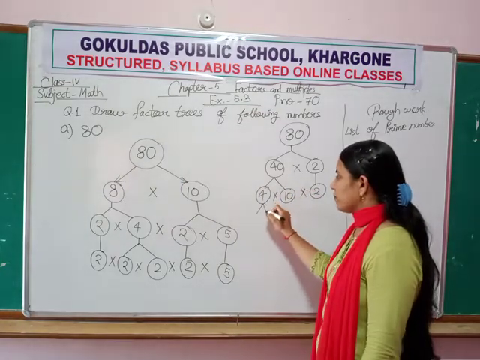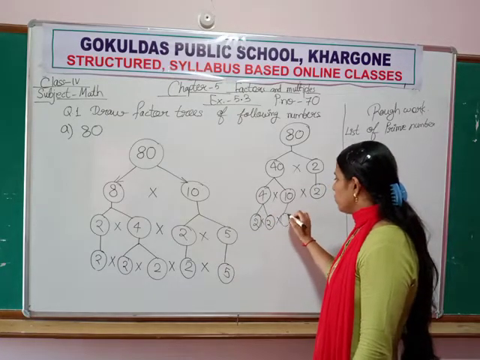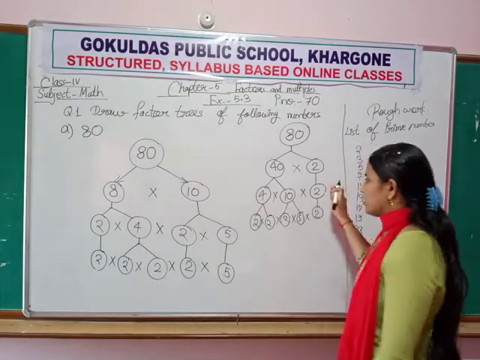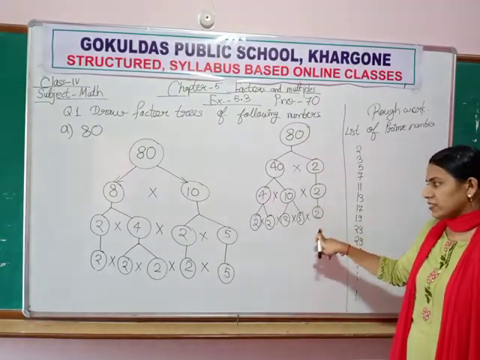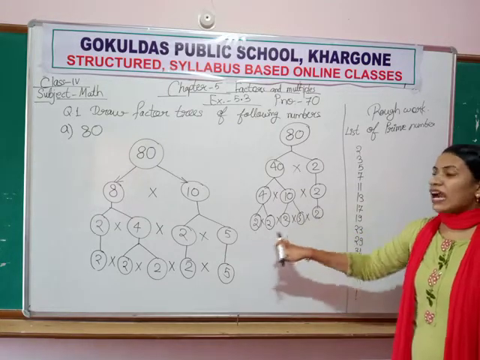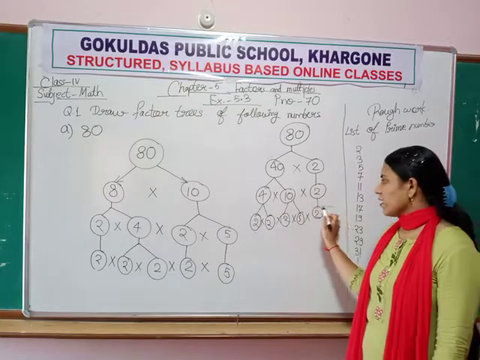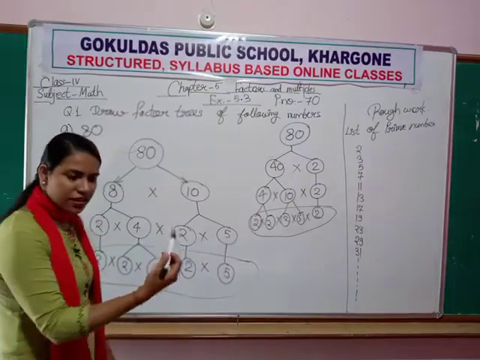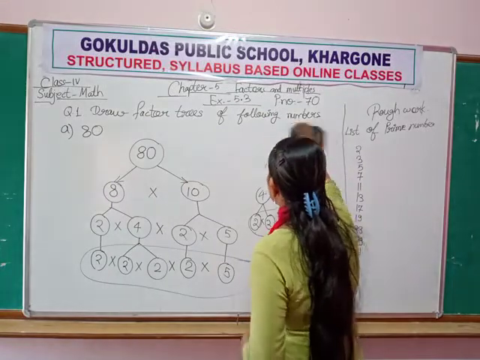Now 4 is not a prime number, so you again need to split it into 2 into 2, and 10 into 2 into 5. As 2 is a prime number already, we will bring this branch down as it is. So again we get 2 multiplied by 2 multiplied by 2 multiplied by 2 multiplied by 5. Both are equal, because the result of both factor trees is equal. So it is also a correct way to factorize.